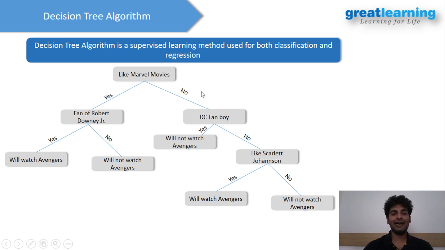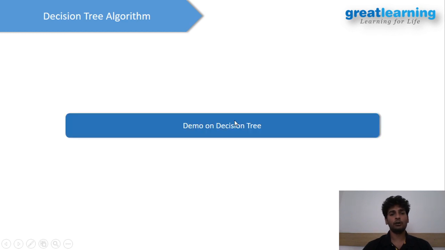But if I don't like Marvel movies, I'm not a DC fanboy, and I also don't like Scarlett Johansson, then I'll not watch Avengers. So this is what happens in the decision tree algorithm. We have a set of decisions which we are making, and on the basis of these decisions, we will classify the data. All right, so this is the basic idea behind the decision tree algorithm.